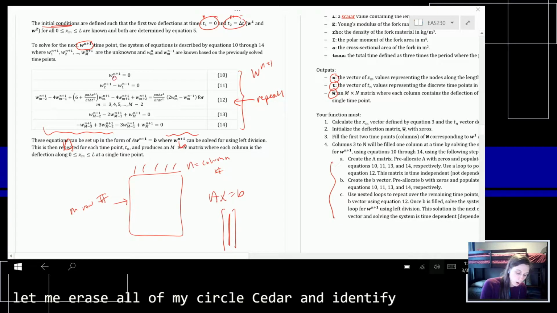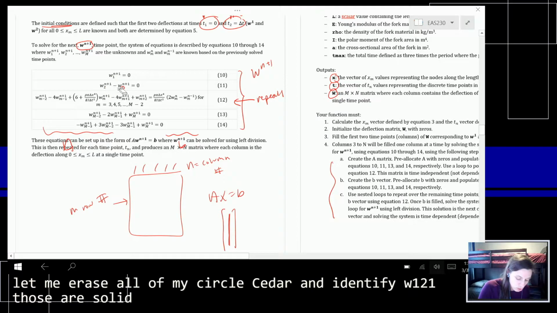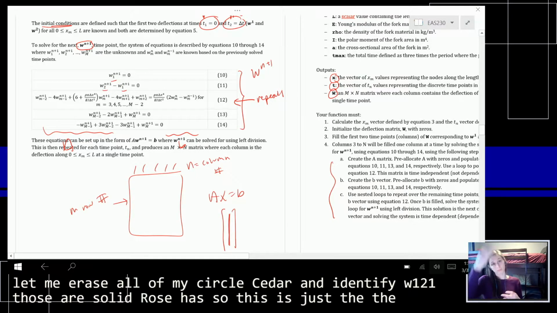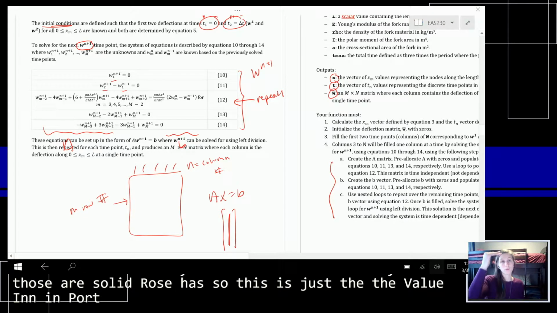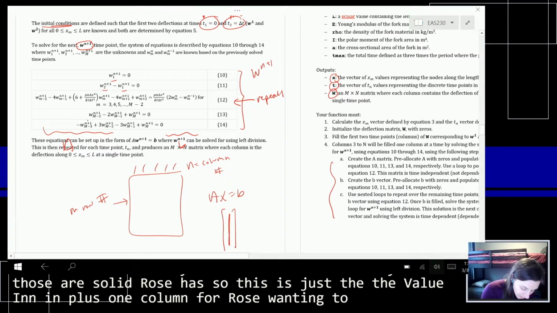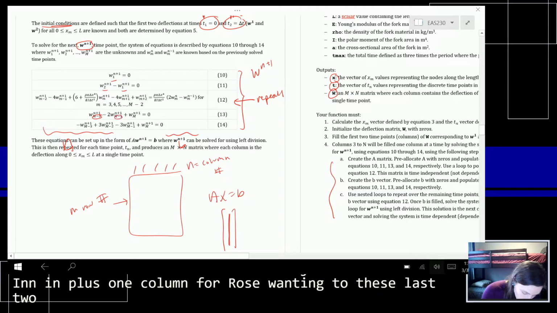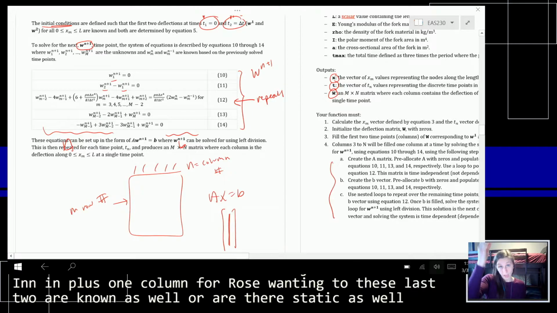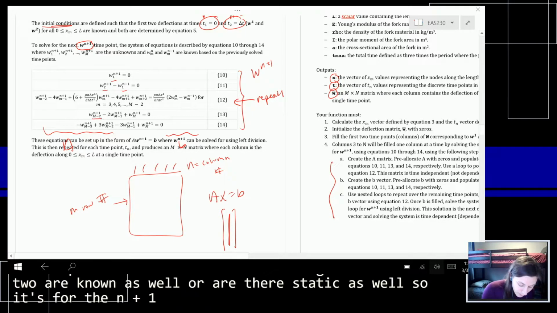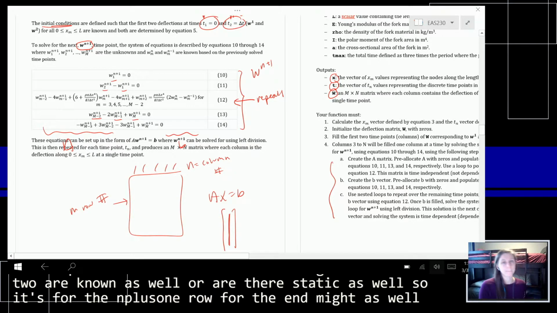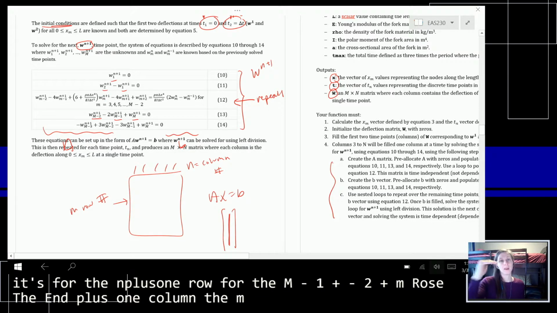So w1 and w2 are solid rows. This is just the value in the n+1 column for rows 1 and 2. These last two are known as well, or static as well. It's for the n+1 column, the M-1 and M rows.